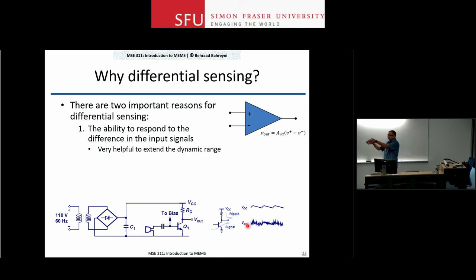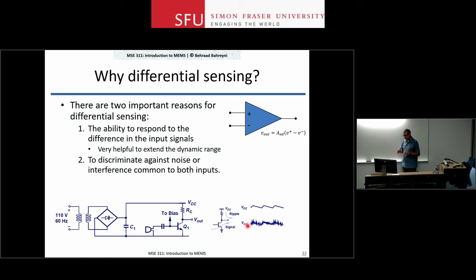The next amplifier that comes afterwards, if you have, let's say, 10 volts plus and minus 1 millivolt here, and if you subtract the 10 volt from it, the amplifier has to deal with a 1 millivolt signal. Otherwise, it has to deal with the 10 volt plus 1 millivolt signal, which is much harder.